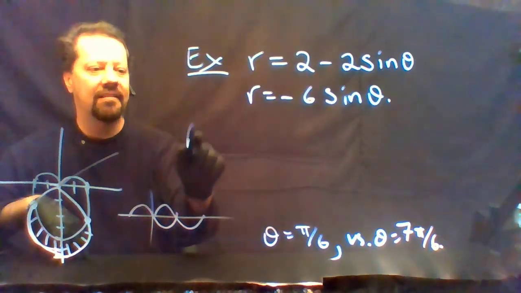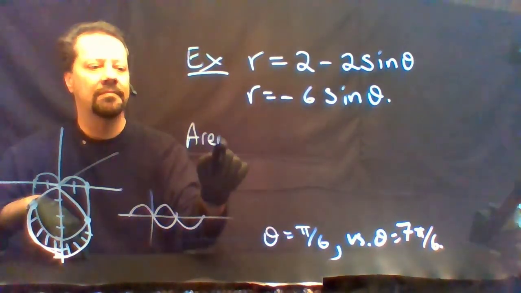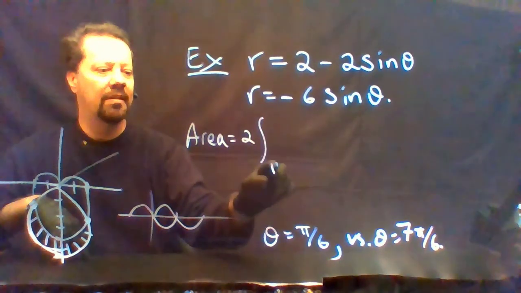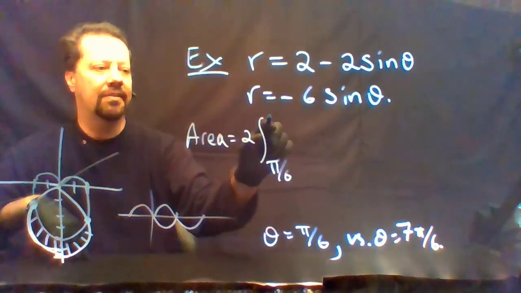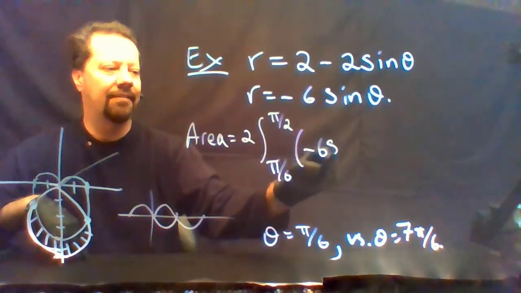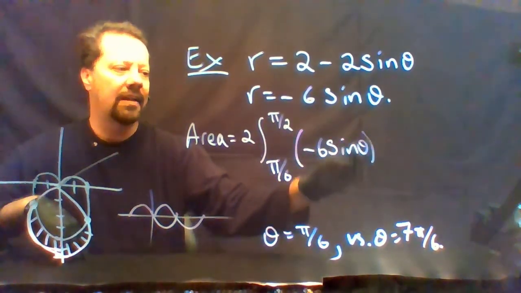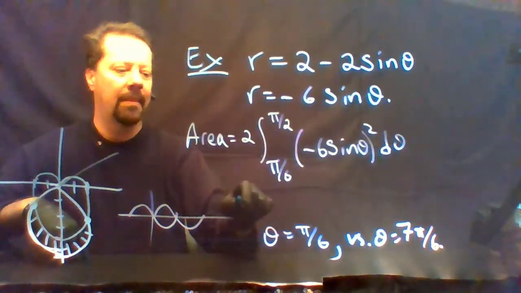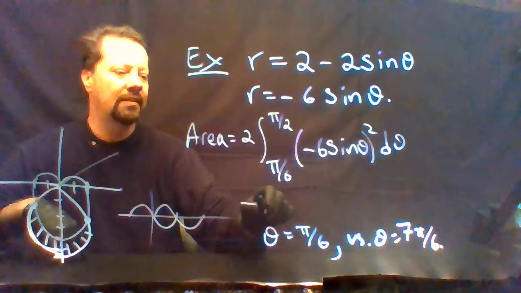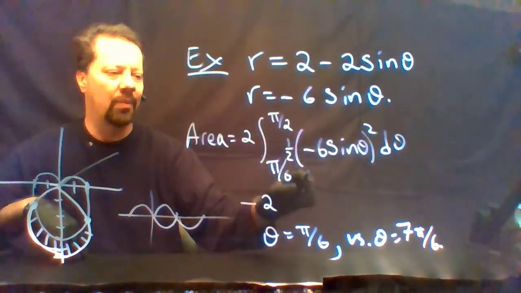The area then is twice the integral from pi over 6 to pi over 2 of our negative 6 sine theta squared d theta. That's the outer curve. And then we have to subtract the inner curve. I forgot my 1/2 here.